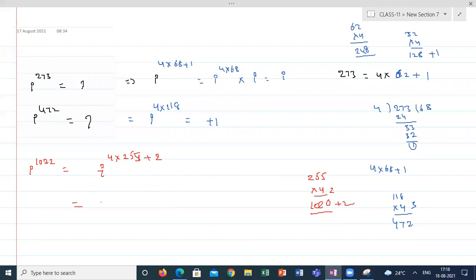So this is i^(4 into 255) into i square. This is plus 1 into i square, minus 1.